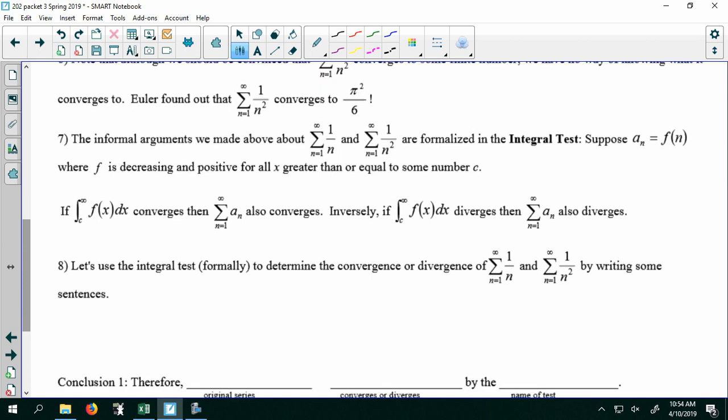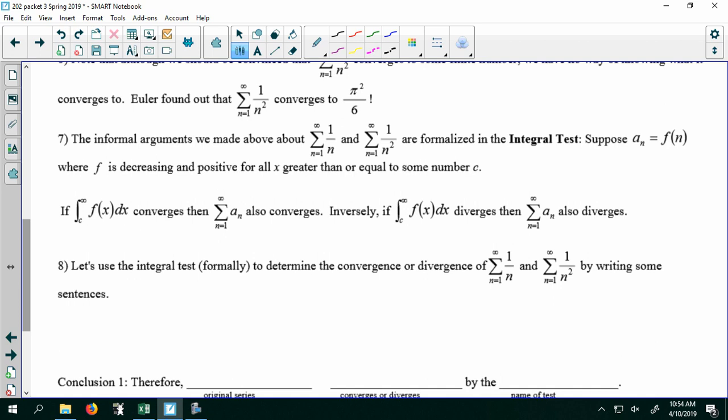So the informal arguments we made about 1 over n and 1 over n squared, those are formalized in something called the integral test. It says, suppose that the terms of your sum, a sub n's, are just functions where your inputs are whole numbers. You have some function that matches the terms of your sum.